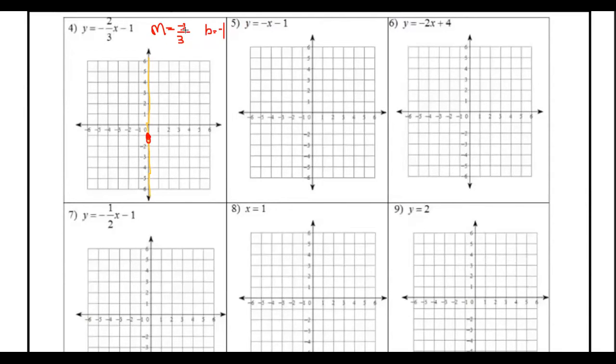Then I use the slope. My top number is negative 2, my bottom number is 3. That means I'm going down 2 from the y-intercept that I just plotted. From that location, I go down 1, 2. To the right, because that's a positive 3 places. 1, 2, 3.